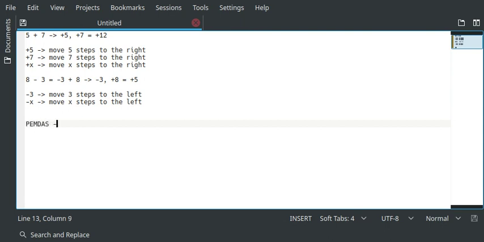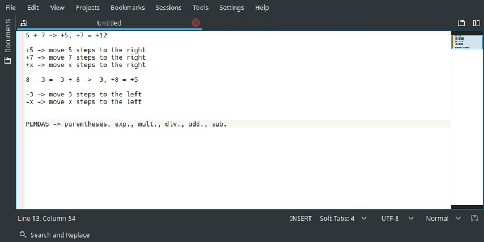So PEMDAS is what? Parentheses, exponents, multiplication, division, addition, subtraction. That's a pain in the ass to write out, which is why it's written out as PEMDAS.